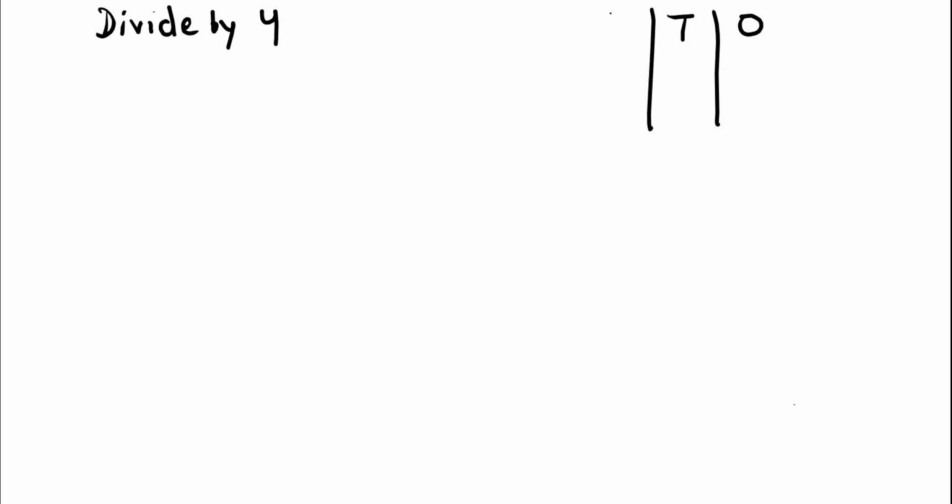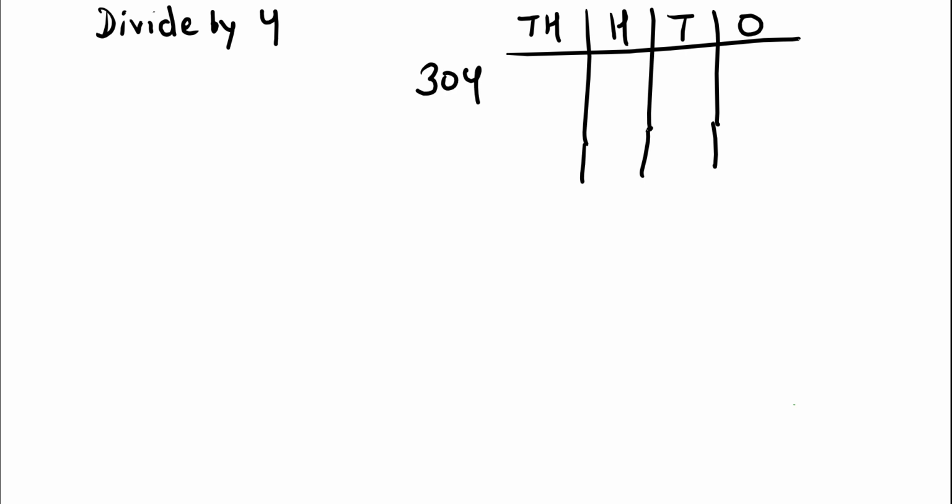The rule is simple. See, what is the format of the number? The format of a number is you put ones, then tens, then 100, then 1000. I'm not going to larger numbers now.